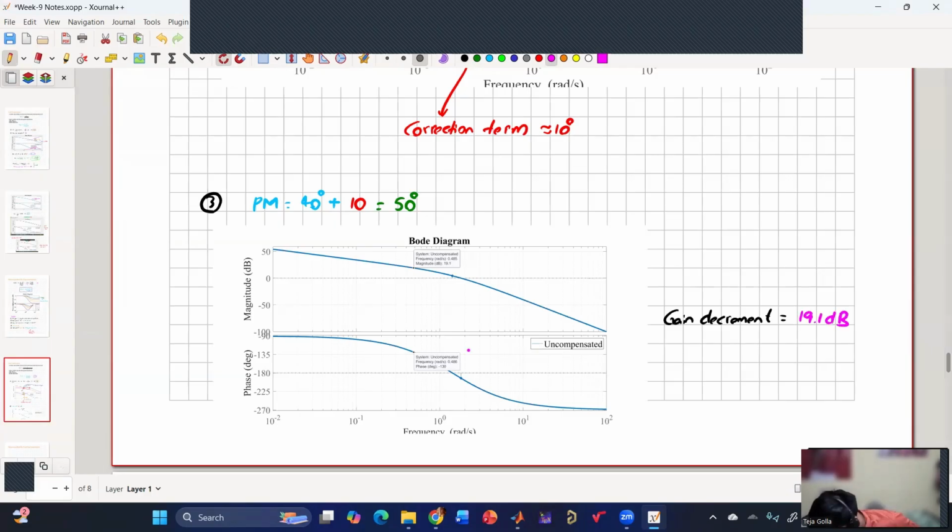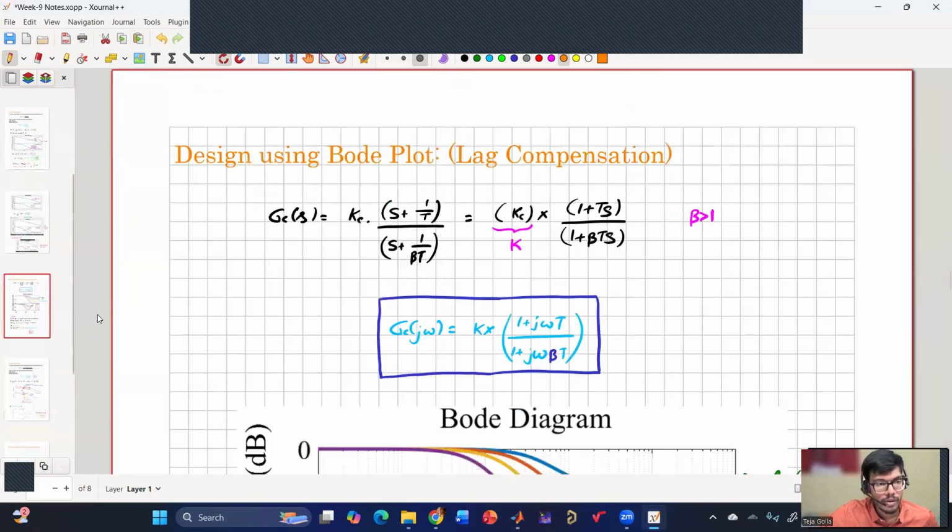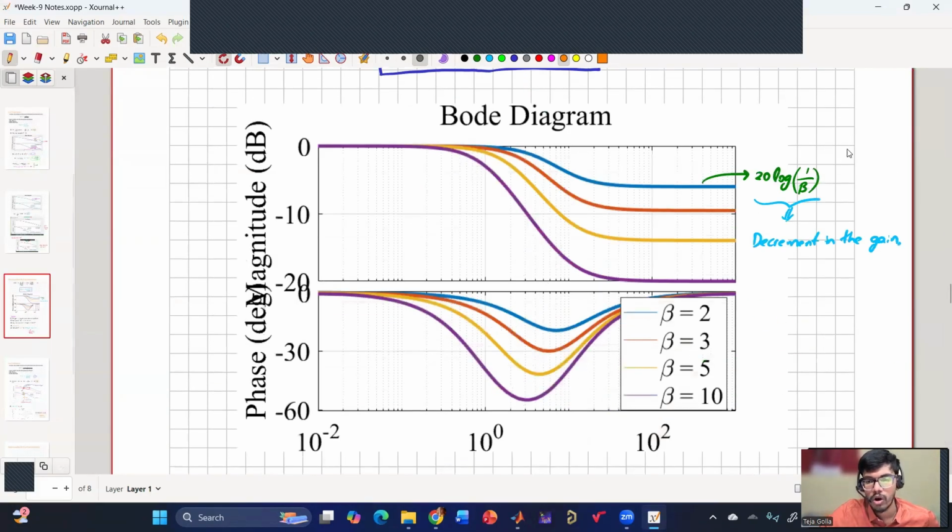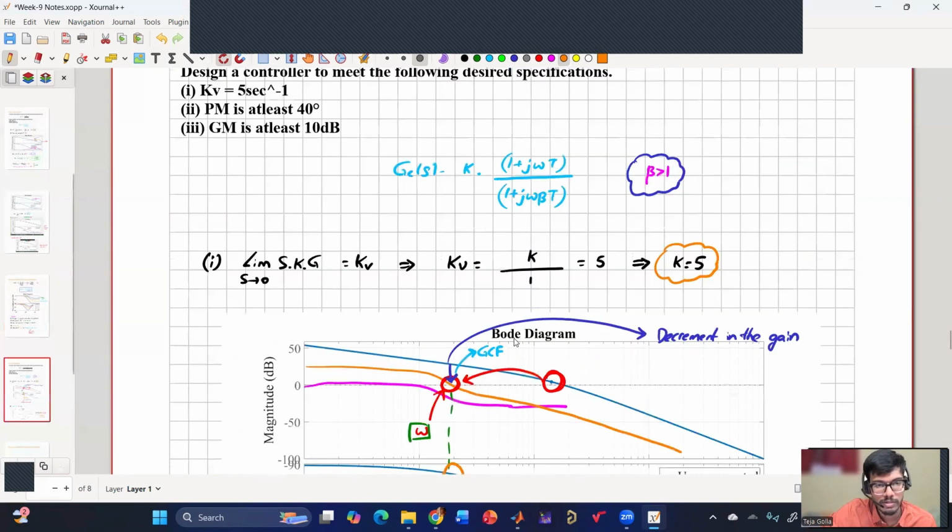So the compensator will provide this, right? Which is what exactly we are discussing. 20 log 1 by beta will cause that decrement so that my gain will become 0, and then that will become my new gain crossover frequency, and that will result in the phase margin.